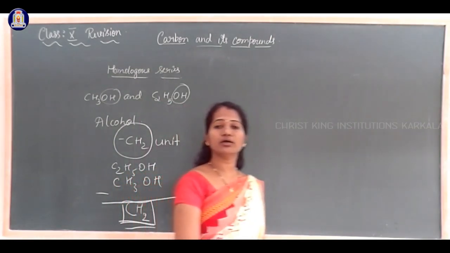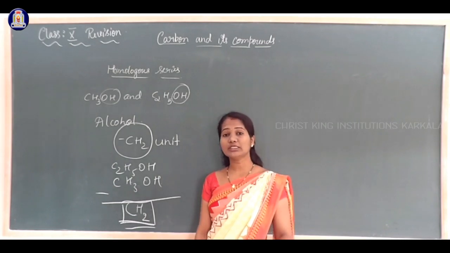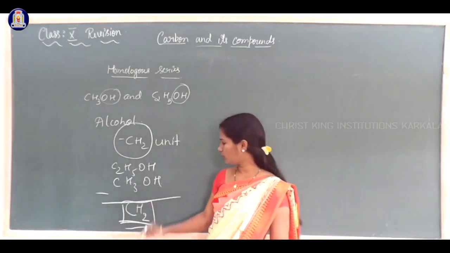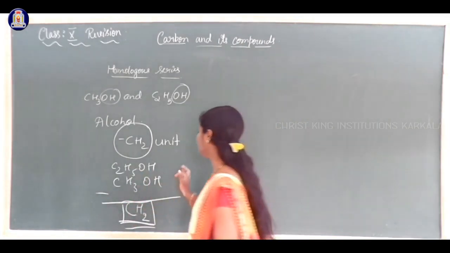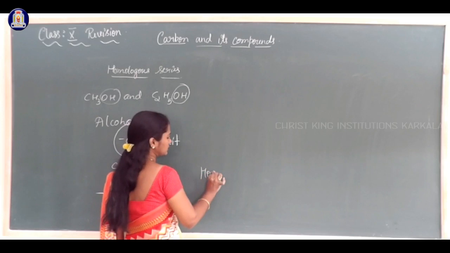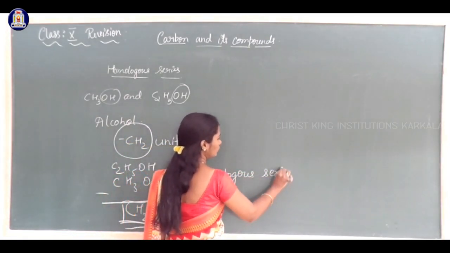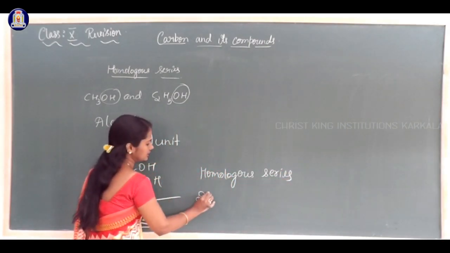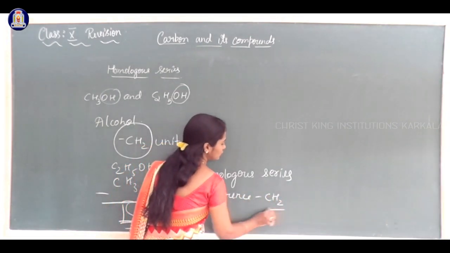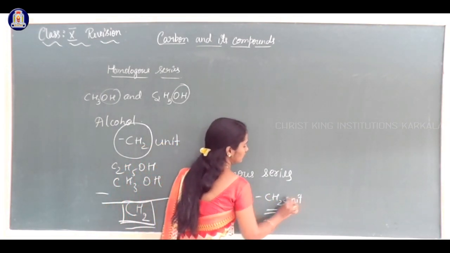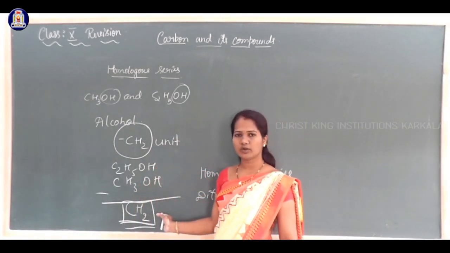Suppose the difference between two successive compounds is a CH2 unit, we say that yes, they form homologous series. How do you say homologous series? Since their difference is a CH2 unit, therefore they form homologous series.